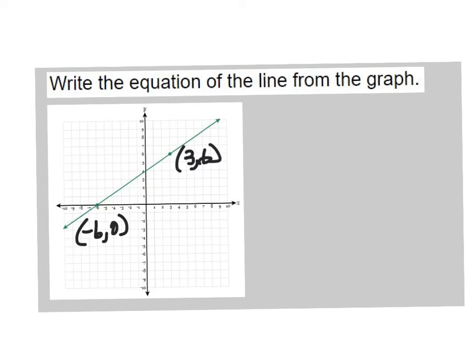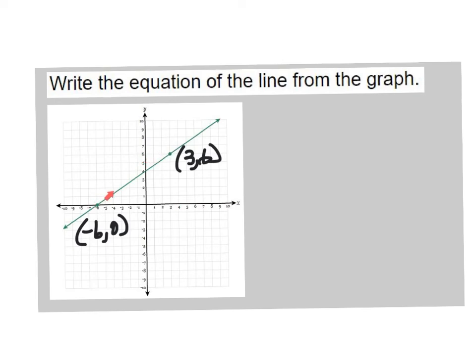Okay, now because this is already graphed, we could find the slope. We could use the slope formula, or we could count our rise and our run. So let's go. We go up 1, 2, and we go over, well, if we went from point to point, we'd have to go up 1, 2, 3, 4, 5, 6, and then we go over 1, 2, 3, 4, 5, 6, 7, 8, 9.